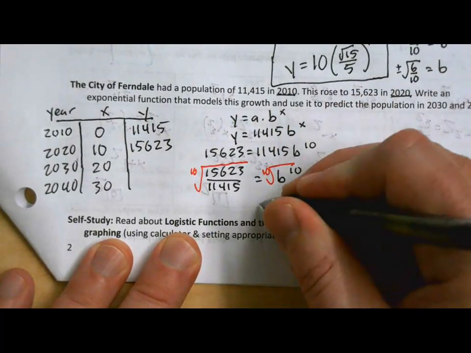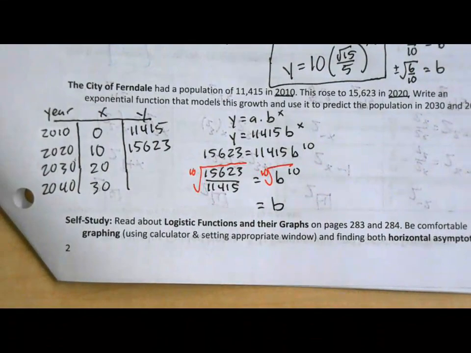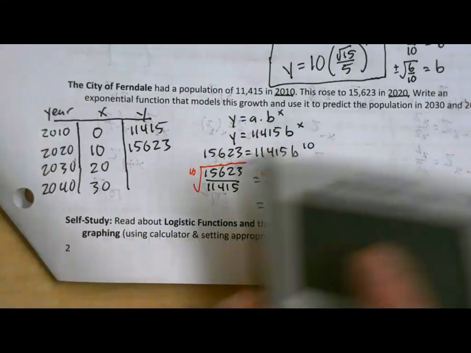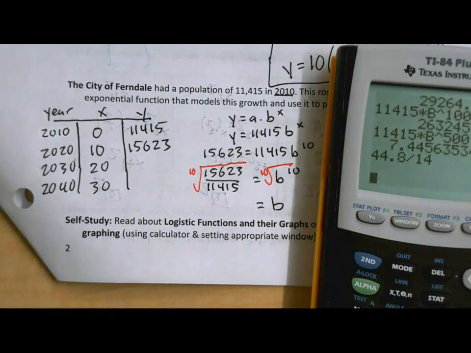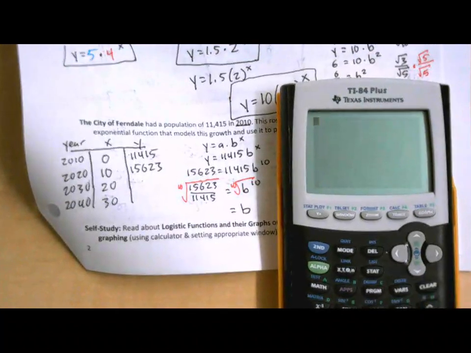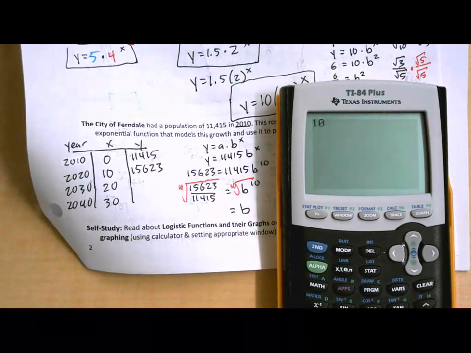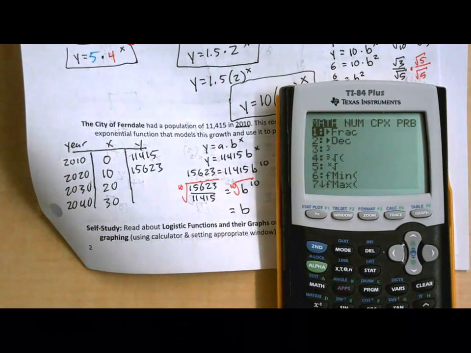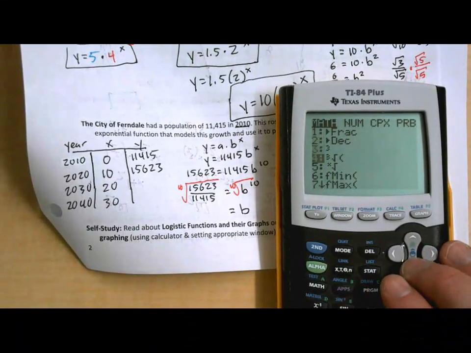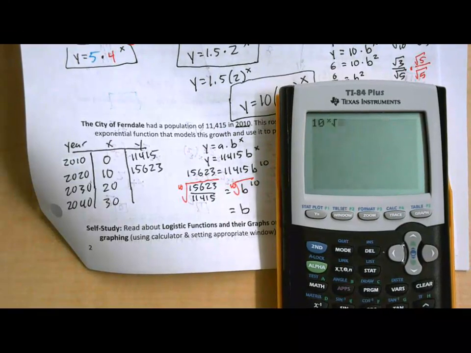Now we're going to reach for our calculator and type that in. And let's stick with 4 decimal places. Let me show you how to do this in case you've forgotten. It's a 10th root, so you're going to type in the number 10 first. And then the math button. And you're looking for a radical that's got a little x on it. So this is what mine looks like.